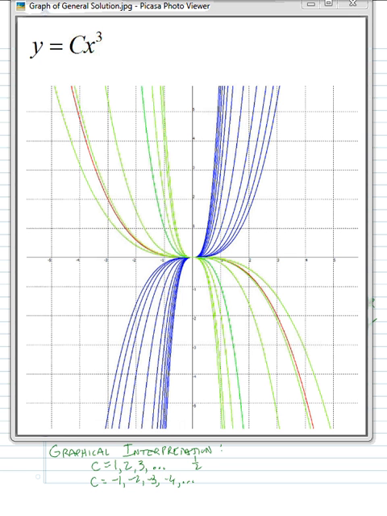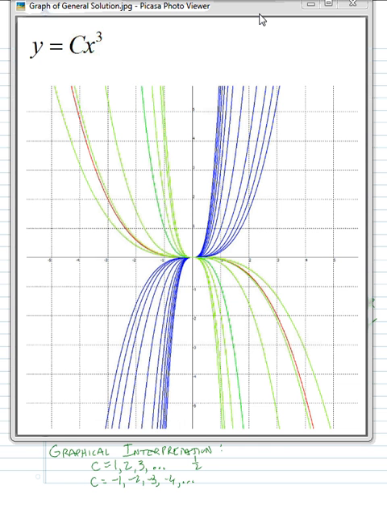Now, the problem that we had is that we were told that any function of the form y equals c times x cubed is a solution to the differential equation that we had. Now, we wanted the particular function that satisfied the equation, that is, that solved the differential equation.